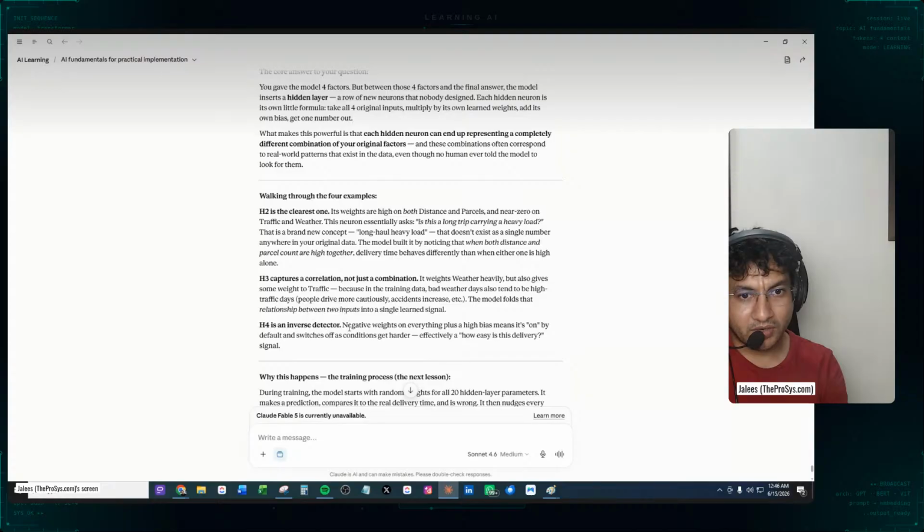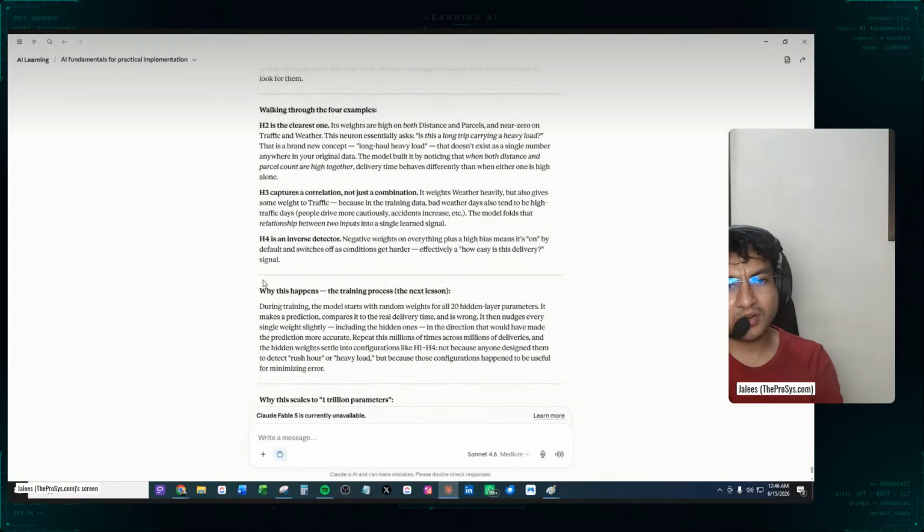H4 is the inverse detector. Negative weights on everything plus a high bias means it's on by default and switches off as conditions get harder. Effectively, how easy is this delivery signal?